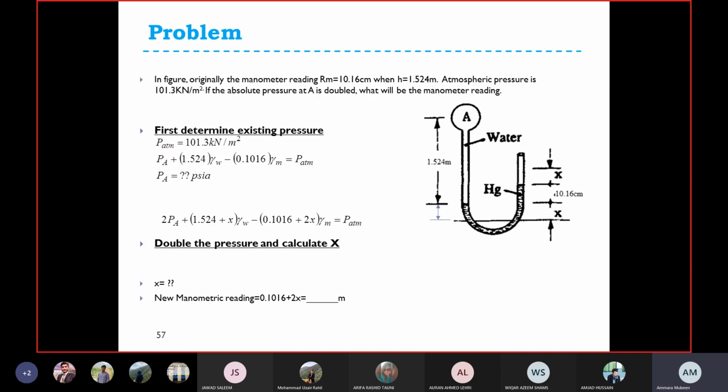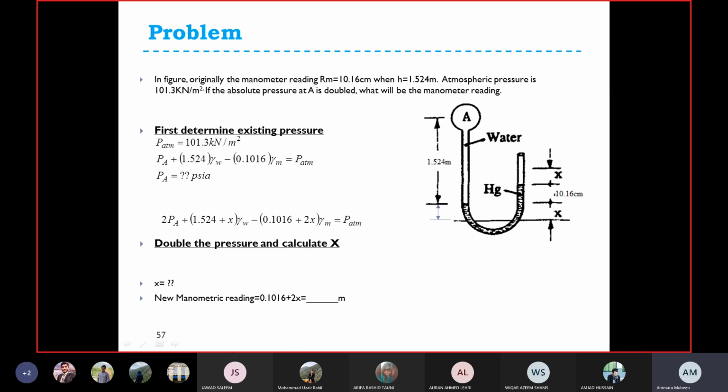Question. The figure, just check the figure. In the figure, originally the manometer reading is given, which is 10.16. Okay, the manometer reading is that length, which is the difference of the length of manometric fluid in the two tubes of the manometer.